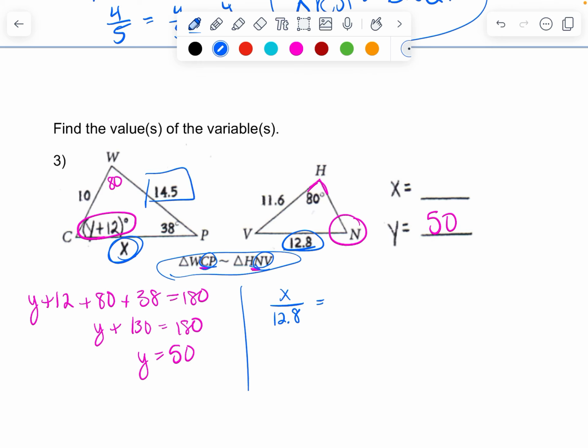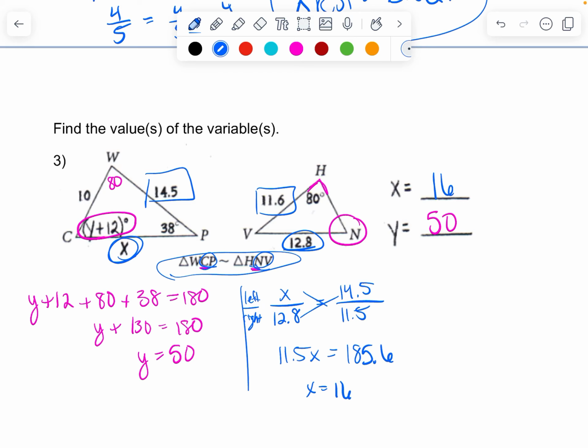So I'm going to match up 14.5 over 11.5. So notice I went left to right to keep consistent on what I'm getting. And then you just cross multiply. And then you get 16.